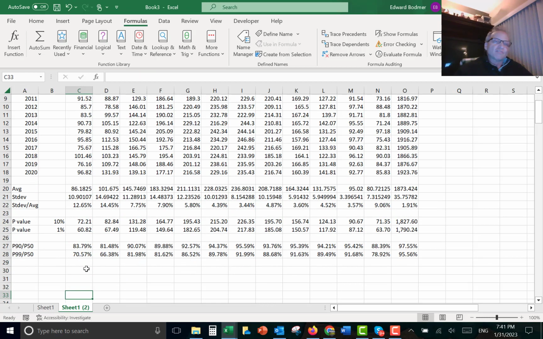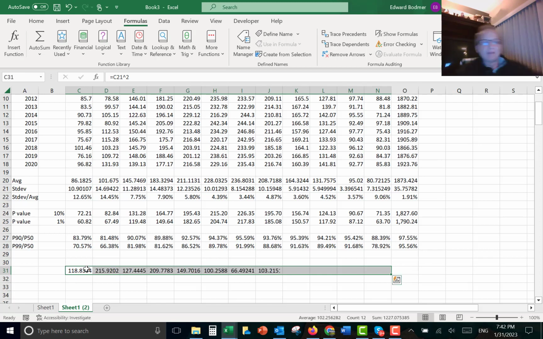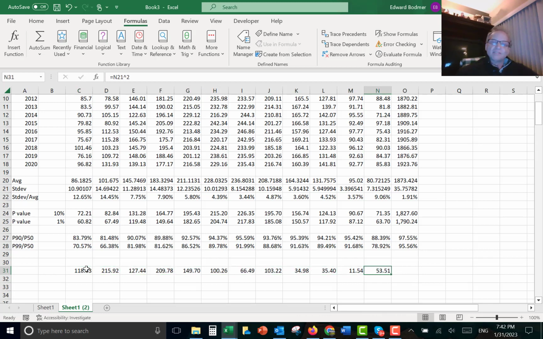Now, here's a trick. If these distributions and the variations month by month were completely independent of one another, what you could do is take this standard deviation and then square it. There's something called mean squared error, which I can't remember from statistics. Then what you do is sum this. Does alternate equal work?